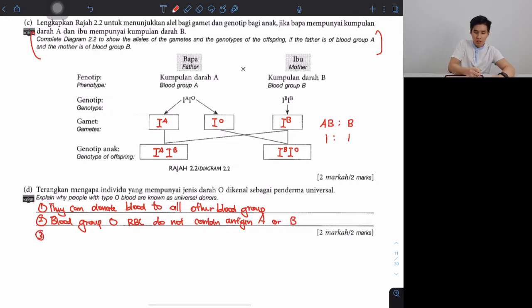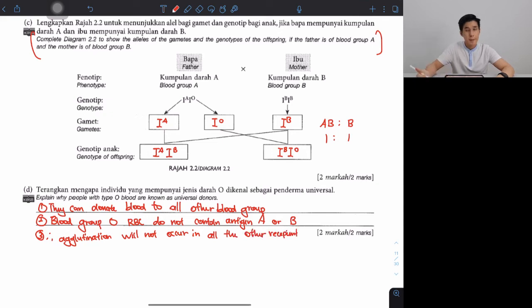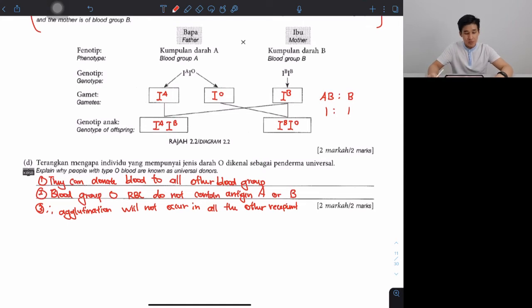So therefore, agglutination will not occur in all the other recipients. Okay, so if you don't have any antigen, no name tag, no antibody can act on you, so other people's body won't have agglutination, won't have blood clot, they won't die. Okay, so you can pause and write this.